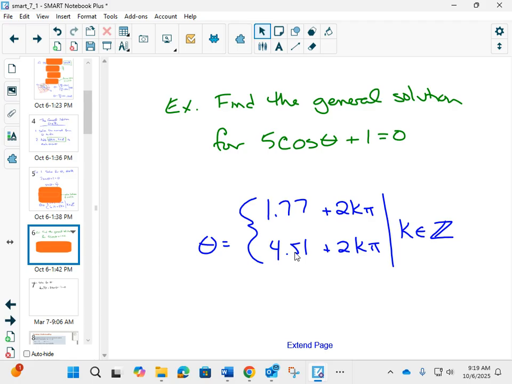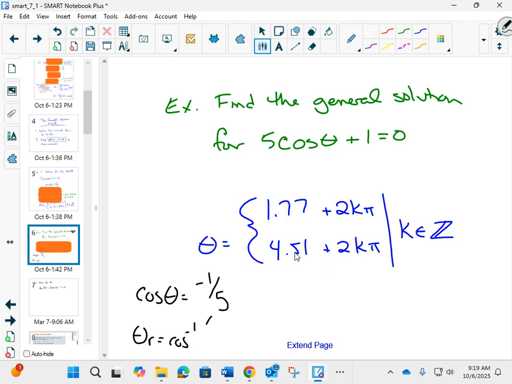If you didn't get those things, what could you have possibly done wrong? Did you get cos theta by itself correctly and get negative 1/5? Okay. Did you find your reference angle by doing cos inverse of positive 1/5? Because if you didn't do positive 1/5, you got the wrong reference angle, which should have been cos inverse of 1/5, 1.369.